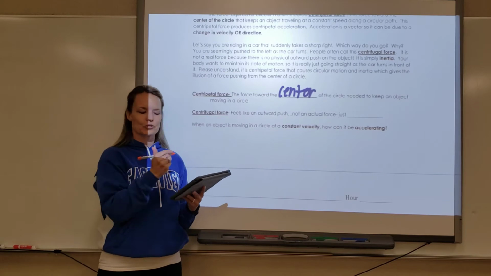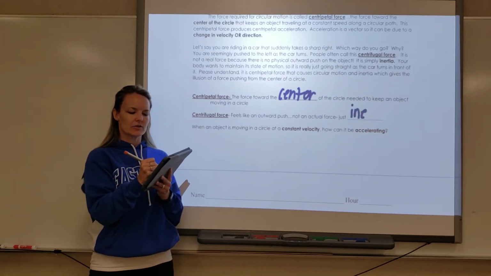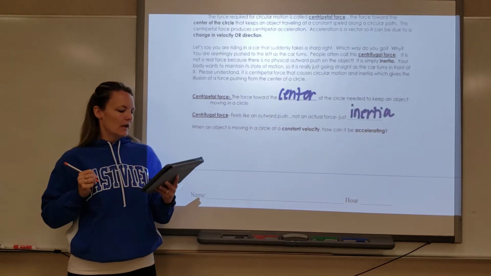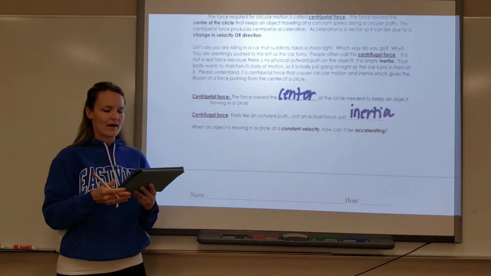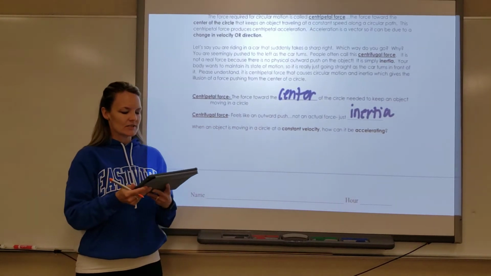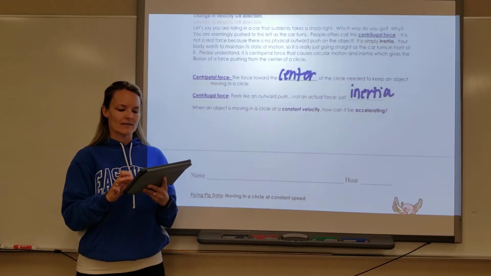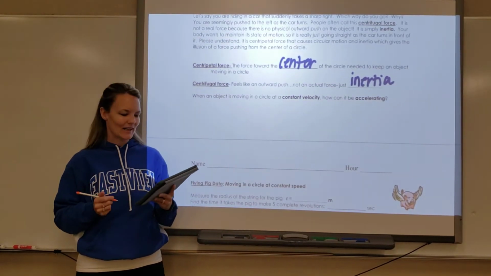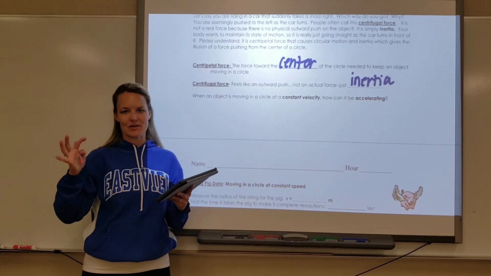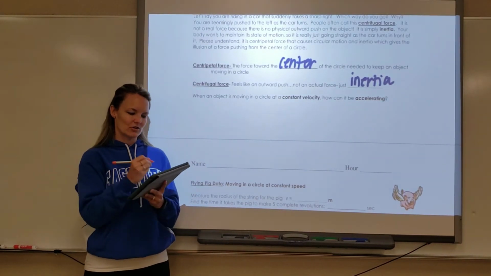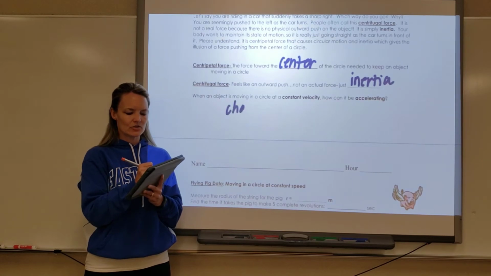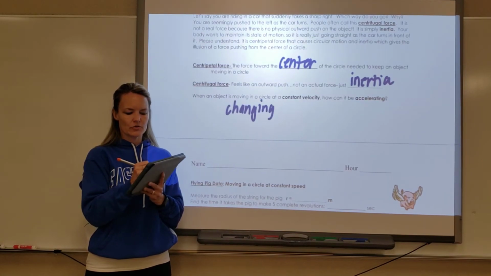There's no actual push there. It's just inertia. And then we already answered this up above, but I just wanted to make sure that you recognize it. When an object is moving in a circle at constant velocity, how can it be accelerating? A quick reminder that acceleration can be both a change in speed or a change in direction. So it is changing direction.